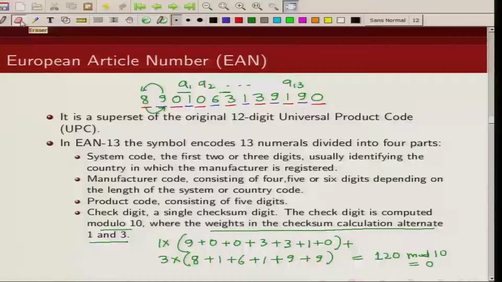Earlier it was 9 times 3, 27, now it is 24, 3 less, and there is 1 more. So, now 2 less. So, this would have become 118 and this is not 0 modulo 10. So, you can see this code can detect transposition errors, and these are the most common errors which happen when you are trying to read these barcodes.